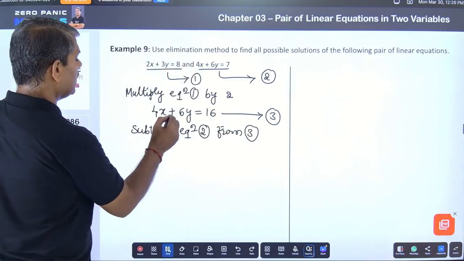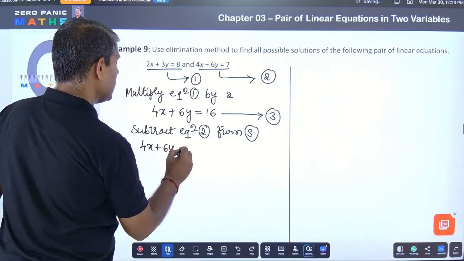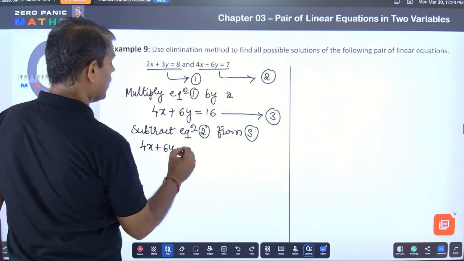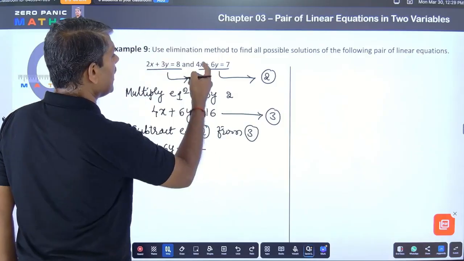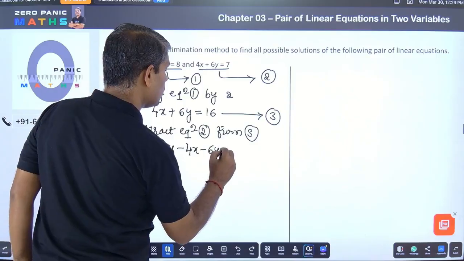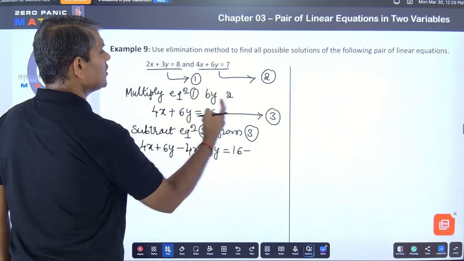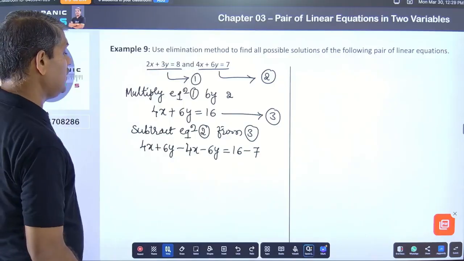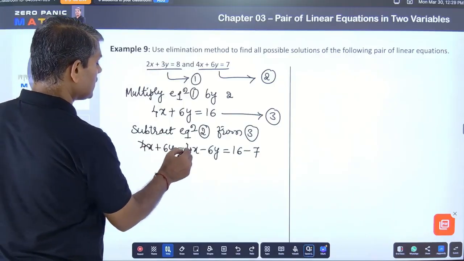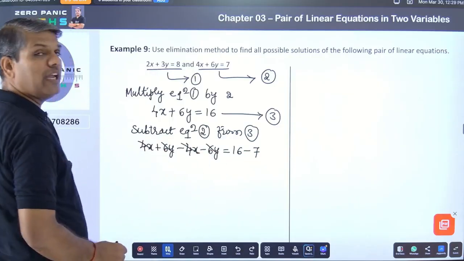So 4x plus 6y minus 4x, because you are subtracting, and minus 6y, and on the right hand side it is 16 from equation 3 minus 7 from equation 2. 4x minus 4x got cancelled, 6y minus 6y got cancelled.